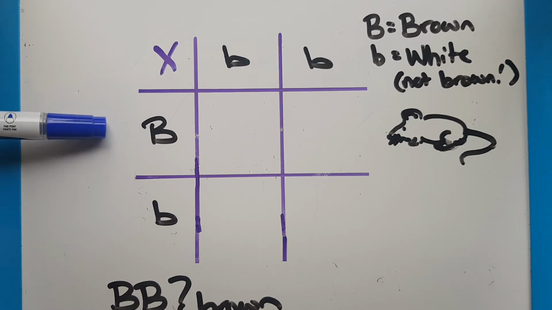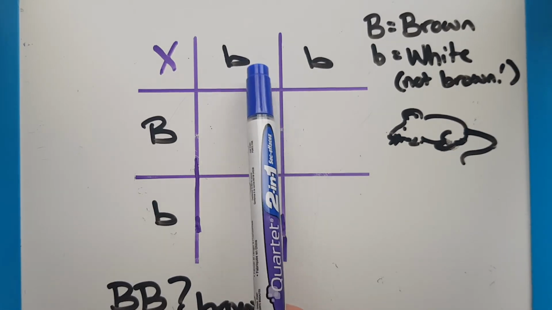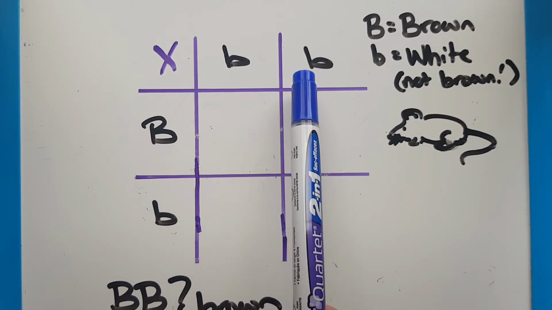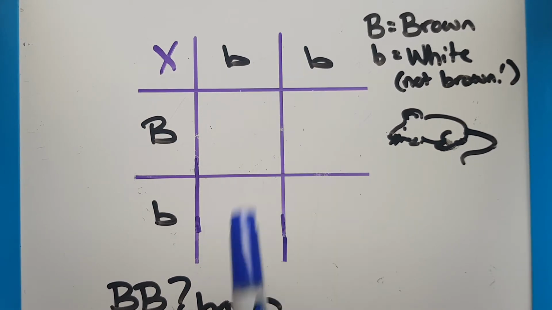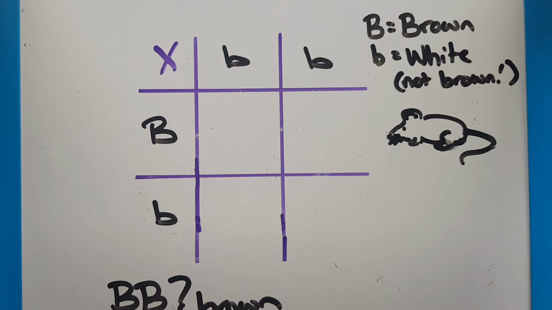It's got two different alleles for the same gene. So one of its parents gave it the dominant allele and one of its parents gave it the recessive allele. However, the white mouse, to have white fur, must only have the little b allele, because if it had a big B allele, it would be brown. That's what dominant means.